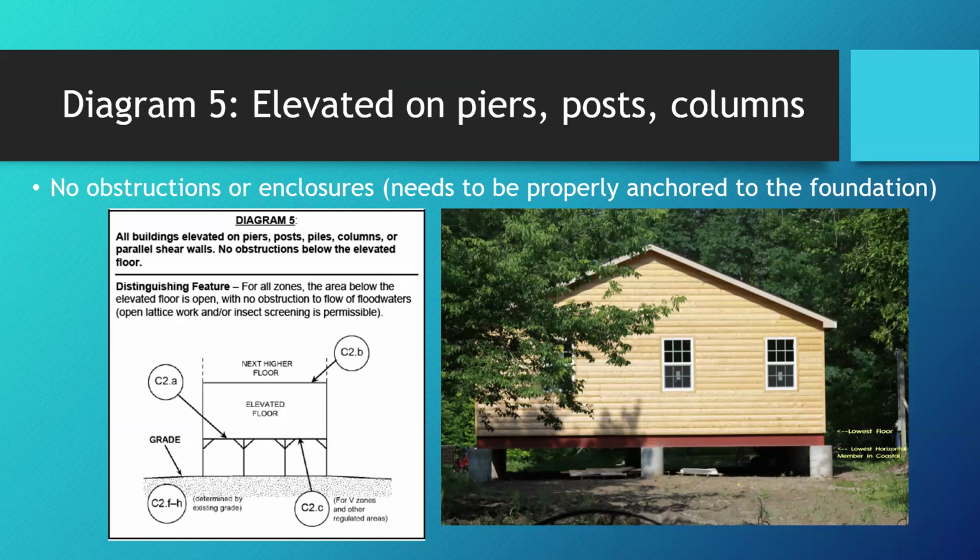And then you can see like that red I-beam at the bottom of that would be considered the lowest horizontal structural member, and it says in coastal. So it used to be that you would only record that it's C2C. It says V zones and other regulated areas.